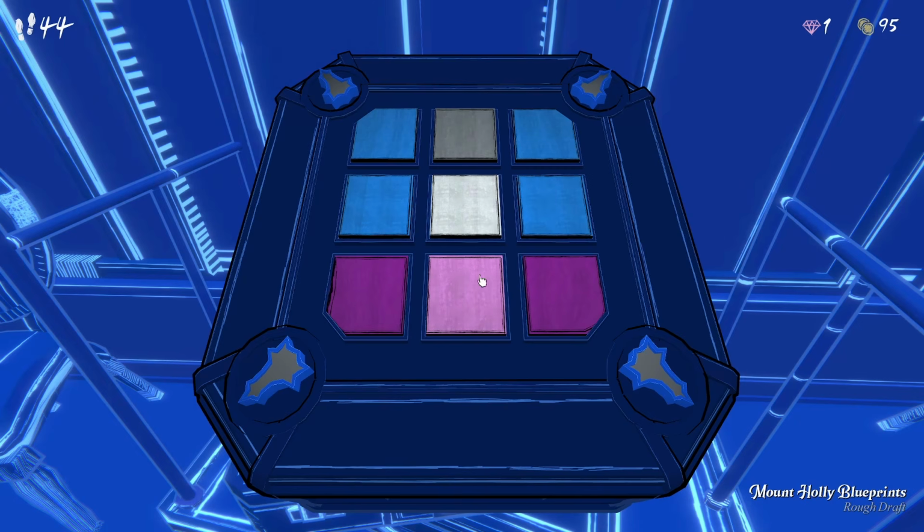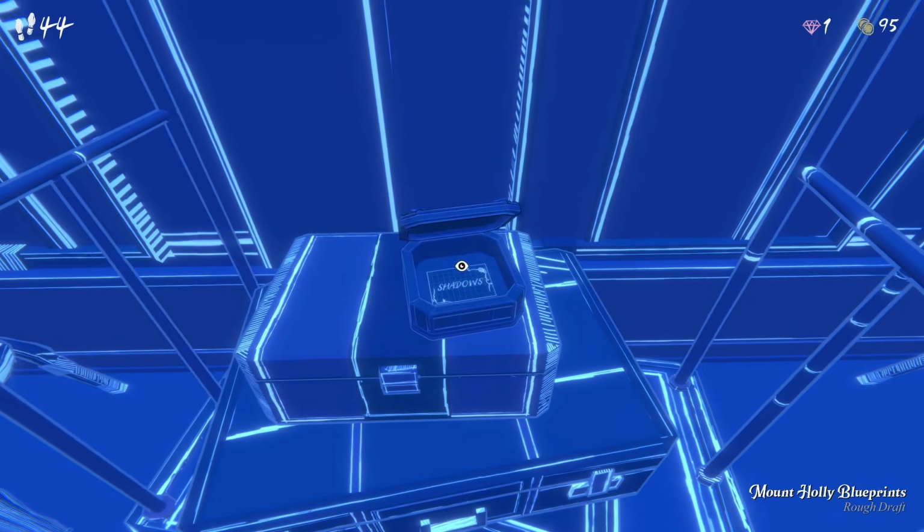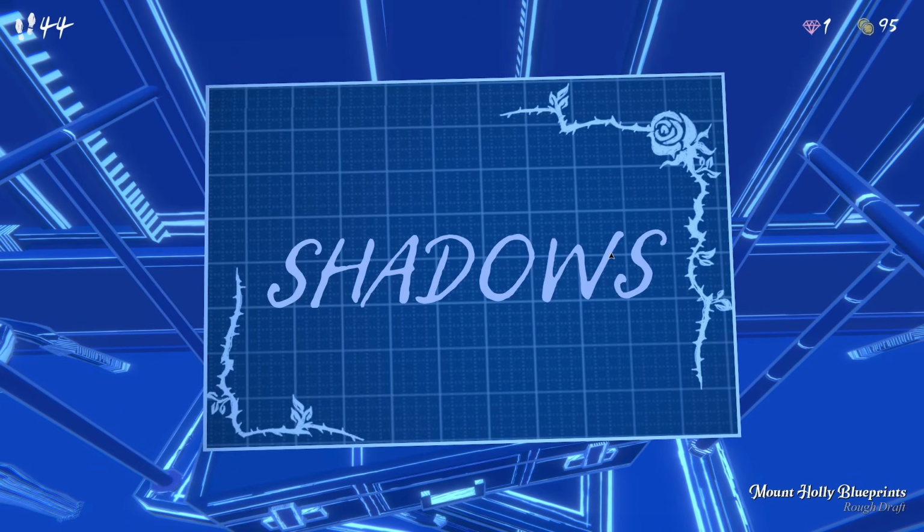Okay, so I have blues now. So now can I just get them in the right place? Yes, I can. Very easily, in fact. Shadows. Ooh. Okay, so East Wing. The word is shadows.